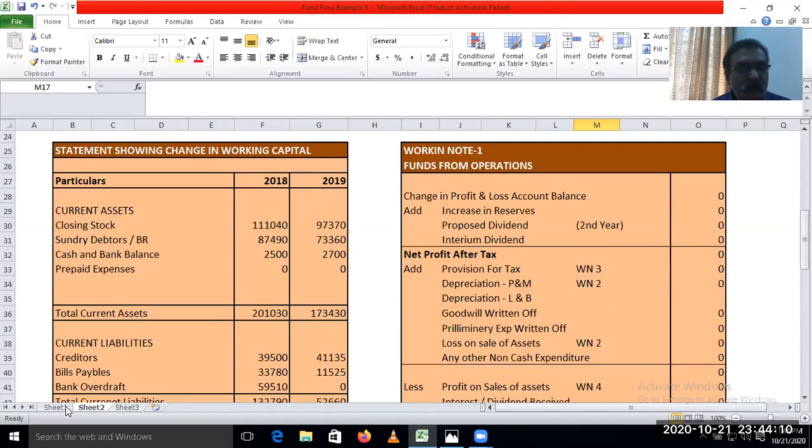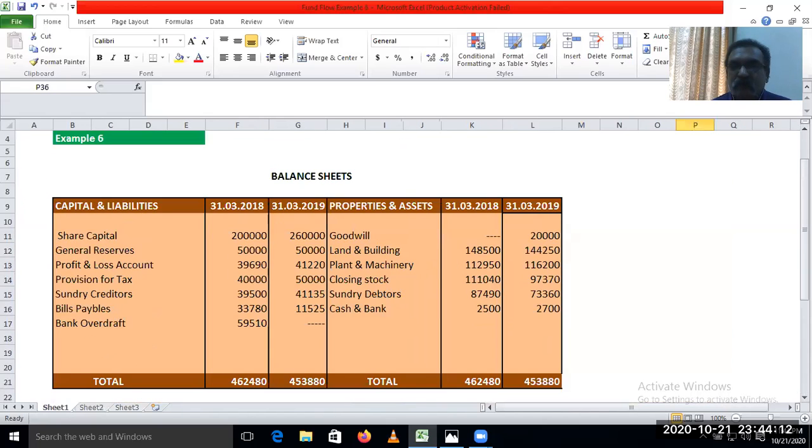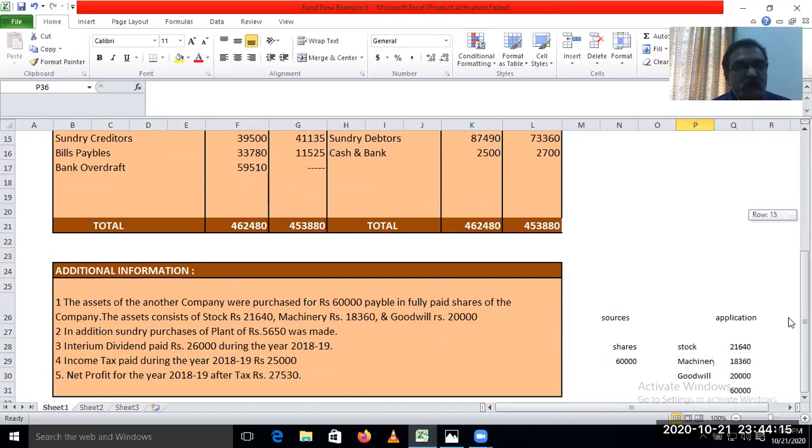Now you can check out in our example, additional information number 5. Net profit for the year 2018-19 after tax rupees 27,530. So this is the net profit after tax given to us.